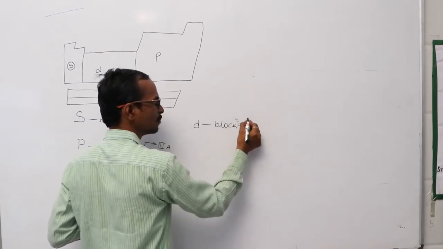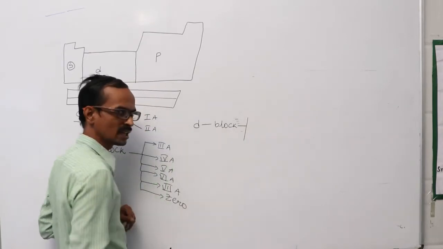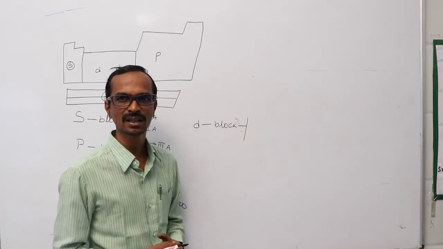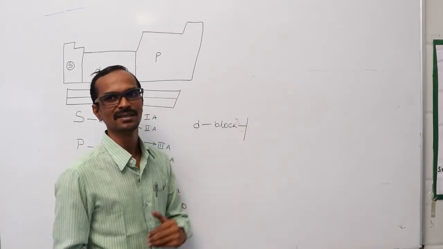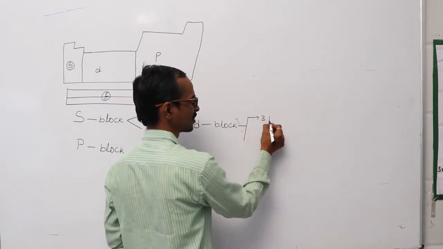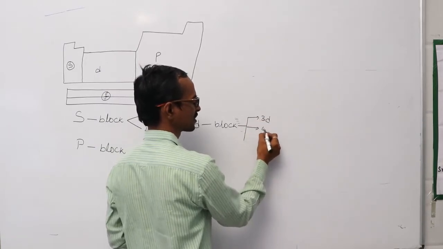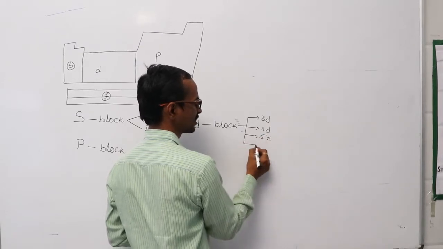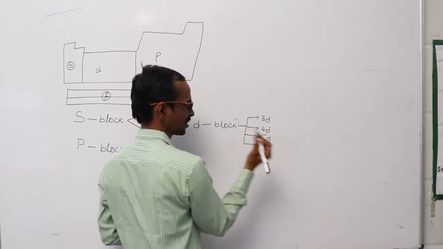Here, based on the n minus 1 d orbital, we have 4 different series of d block elements: 3d series, 4d series, 5d series, and 6d series.